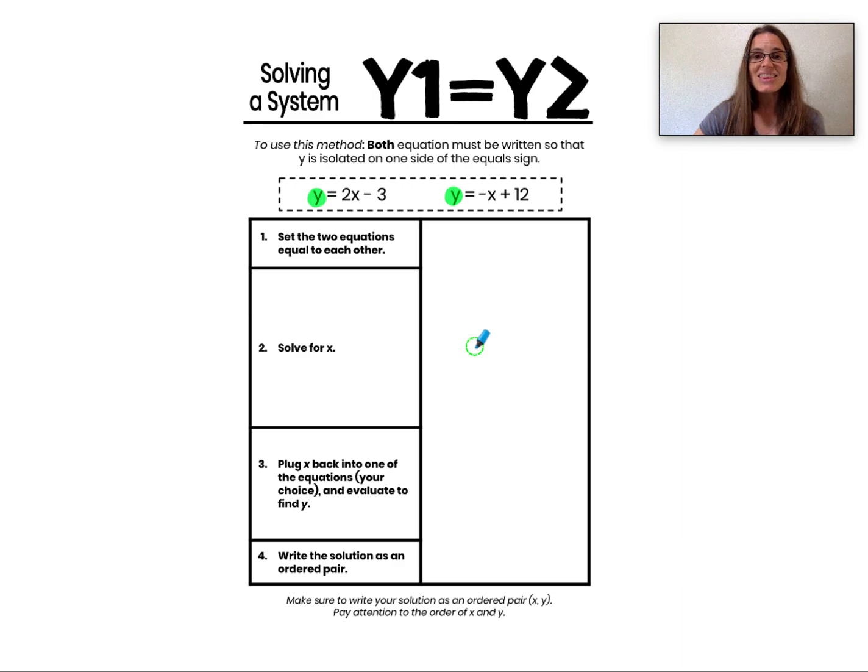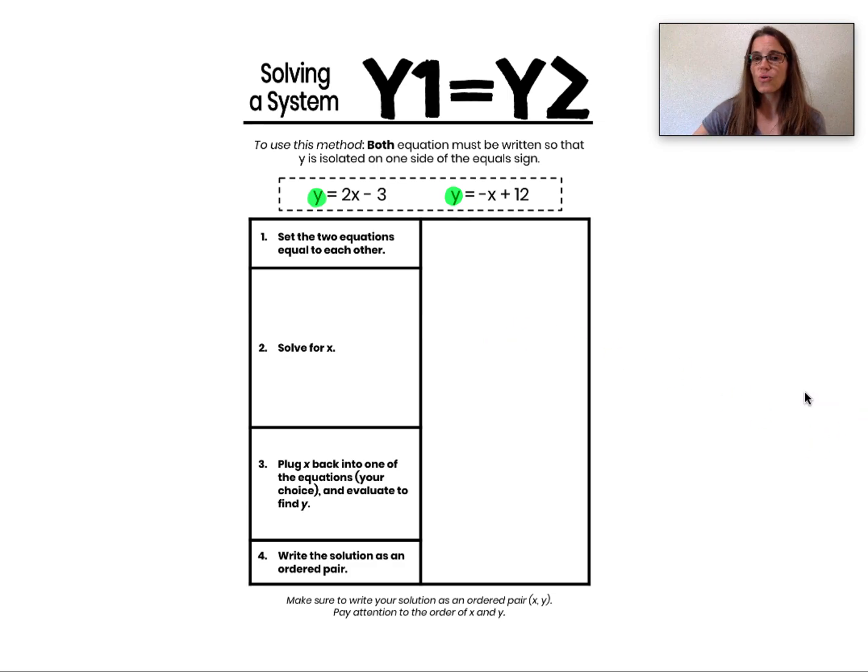Now, because at the solution, x and y are the same for both equations, we can use the fact that those two y values are equal to set the two equations equal to each other in order to find the solution to the system. Again, we are able to set the two equations equal to each other because at the solution, the two y values will be the same.